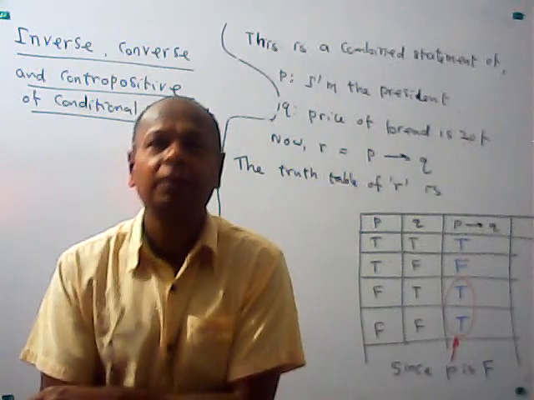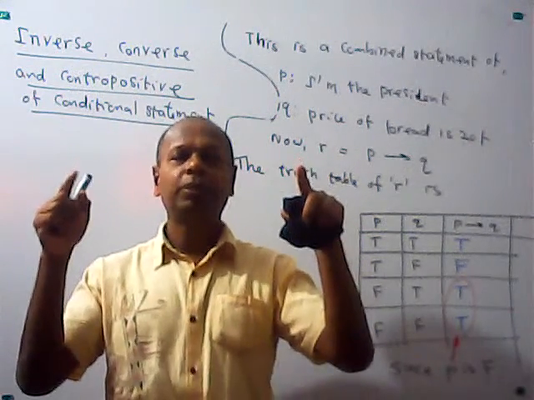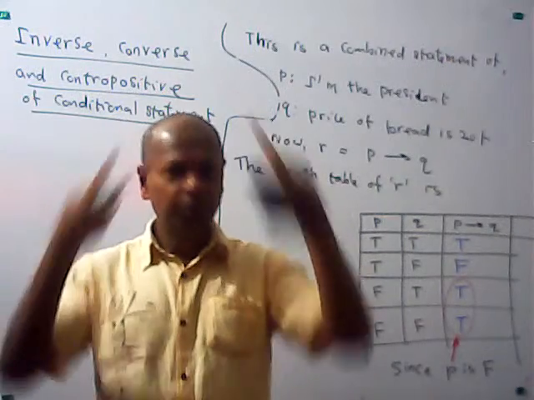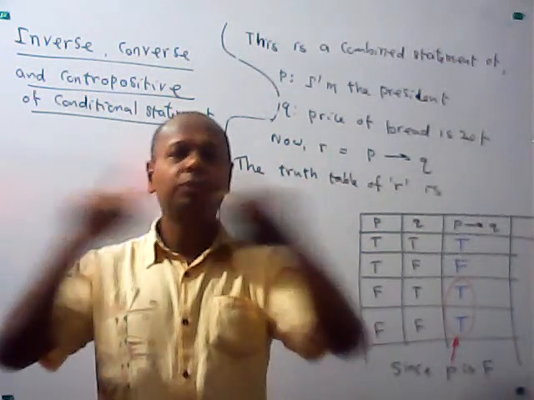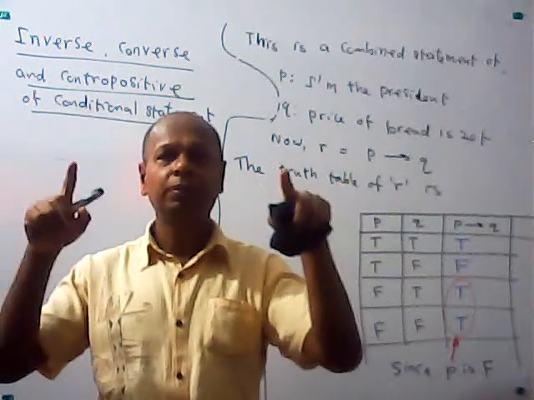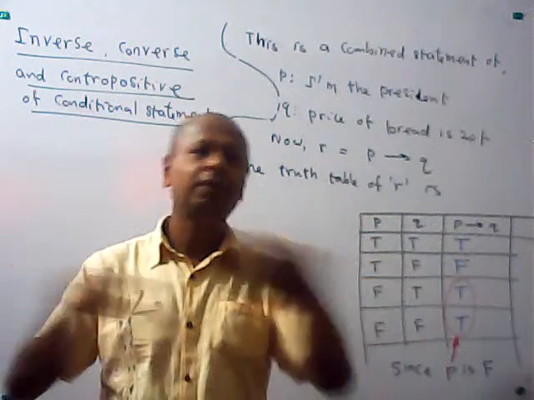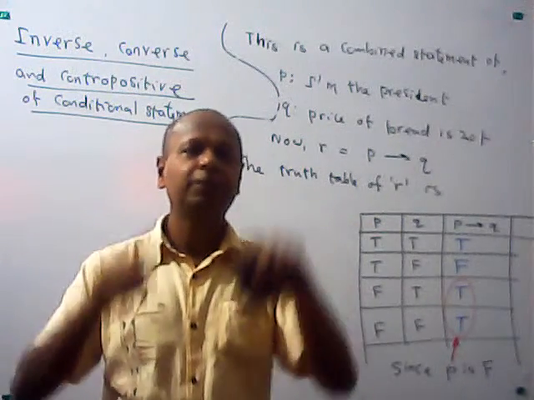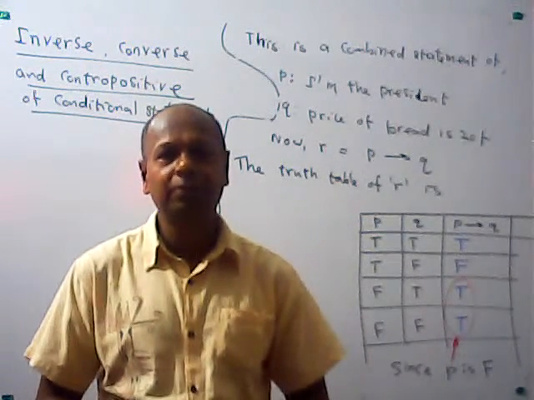If say P and Q are the midpoints of two sides of a triangle, then you join them. PQ is parallel to the third side and it's half the length. So that's the midpoint theorem.